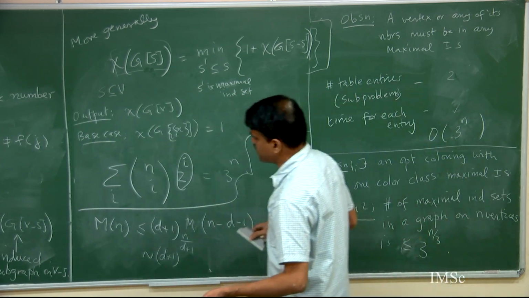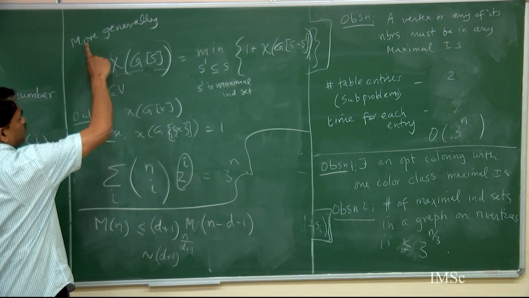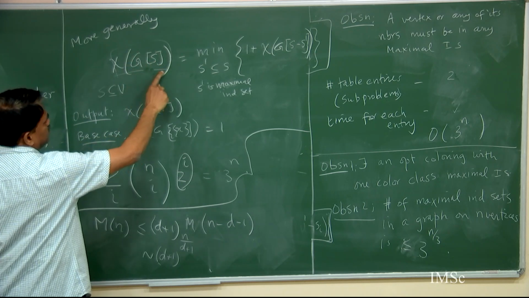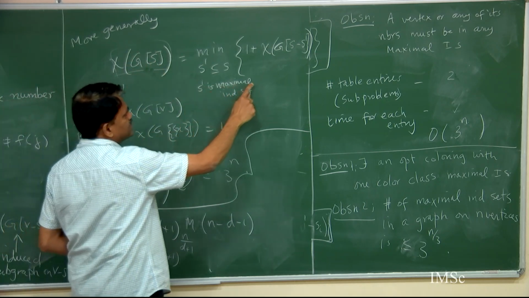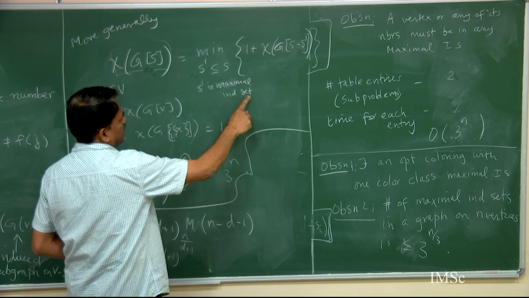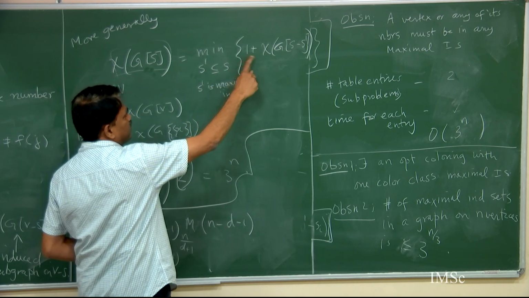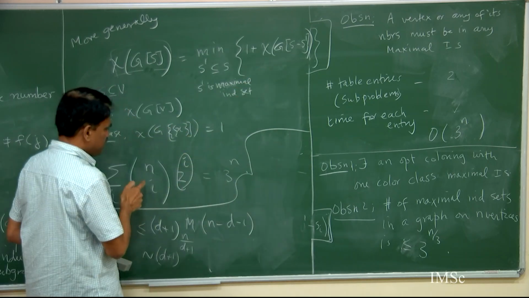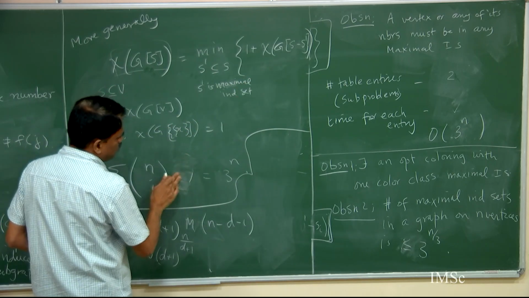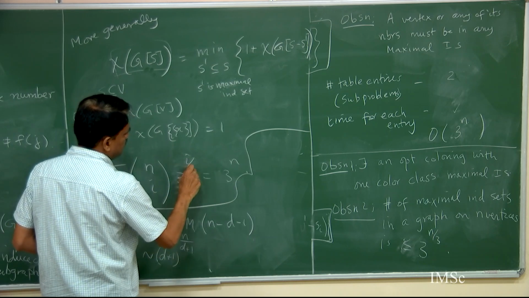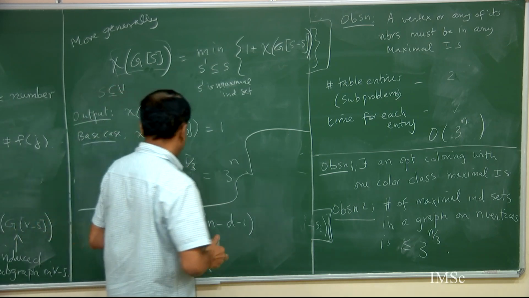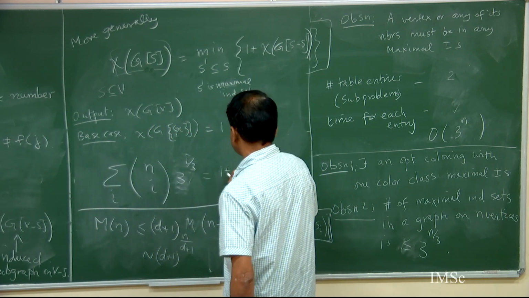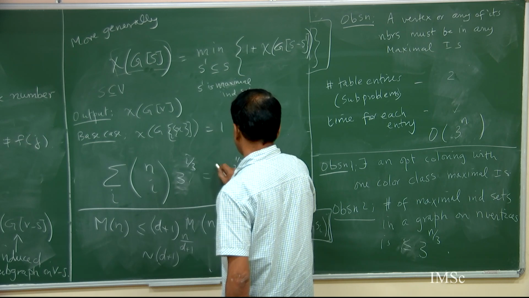Now, what does that mean for this algorithm? If I want to find the chromatic number of an induced subgraph, look at all maximal independent sets of that, color it with one color and color the remaining recursively or from the table. So, that gives me this kind of a running time. It is not now 2 power i, it is 3 power i by 3. So, this would turn out to be 1 plus 3 power 1 by 3 whole power n.